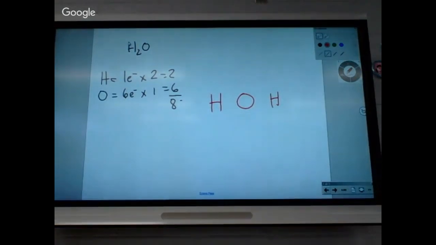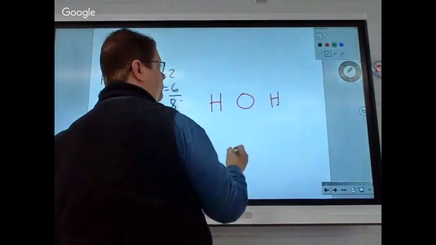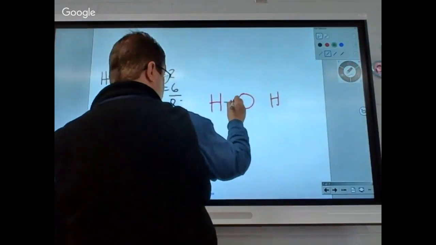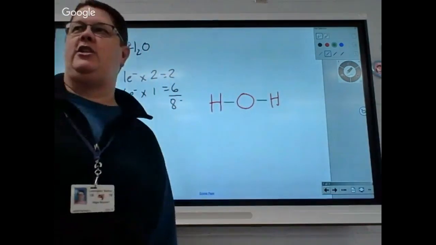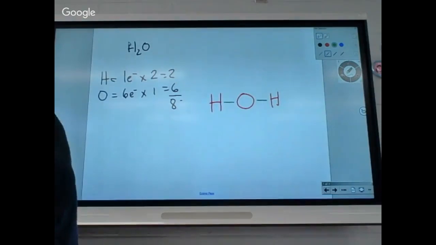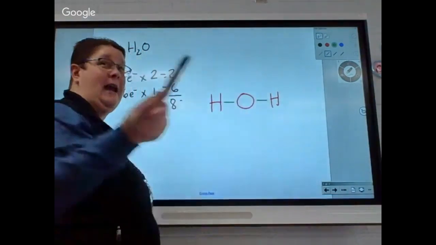All right, so we need to draw in 8 electrons. Okay, now when I draw them, I do not draw the dots because I know that what's going to happen between the H and the O, they're going to share. So how many electrons does each line represent? 2. So I've already drawn in how many here? 4. There's 4. Already taken care of.